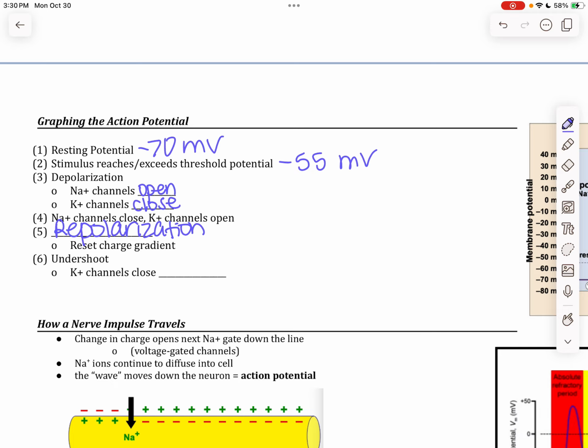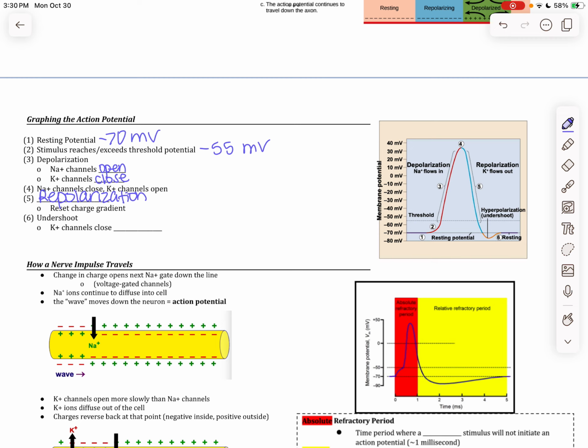At step 5, which is over here, that will help reset the charge gradient because you want it to be different and you want it to be negative inside. Step 6 is saying, oops, the potassium channels are closing slowly, so we actually became too negative inside.